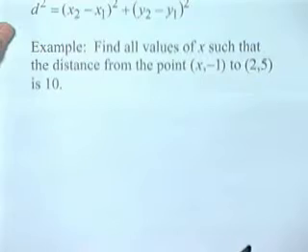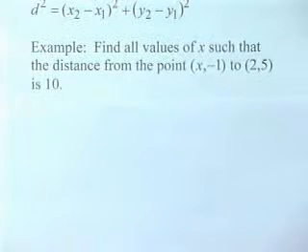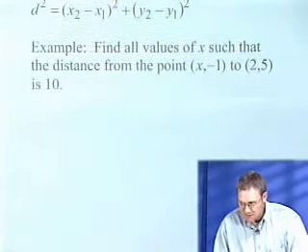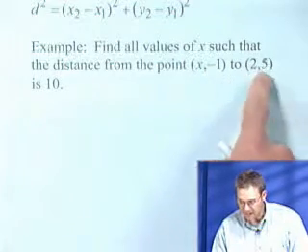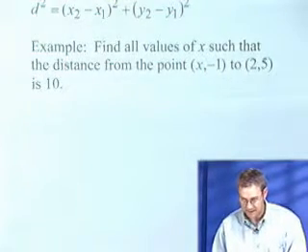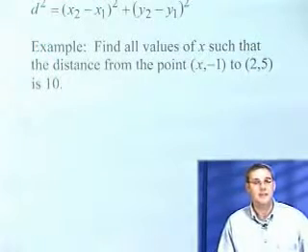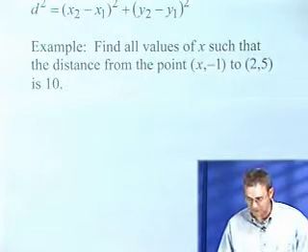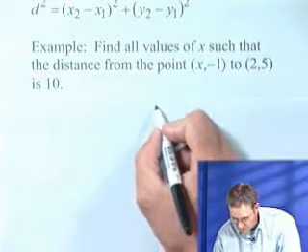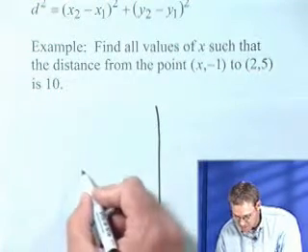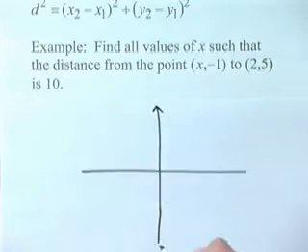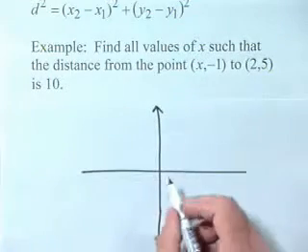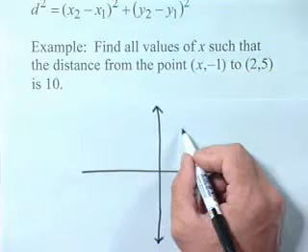It says, find all values of x such that the distance from the point (x, -1) to (2, 5) is 10. Now, it looks a little complicated, so let's try to draw ourselves a little picture. Let's give a Cartesian coordinate system here. All right, let's plot the point (2, 5), so maybe somewhere up here.